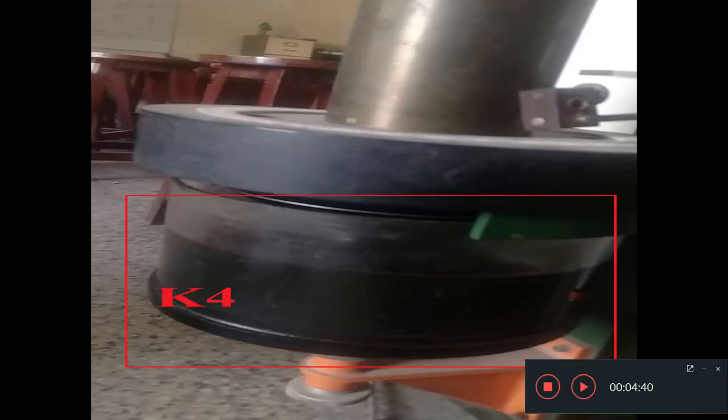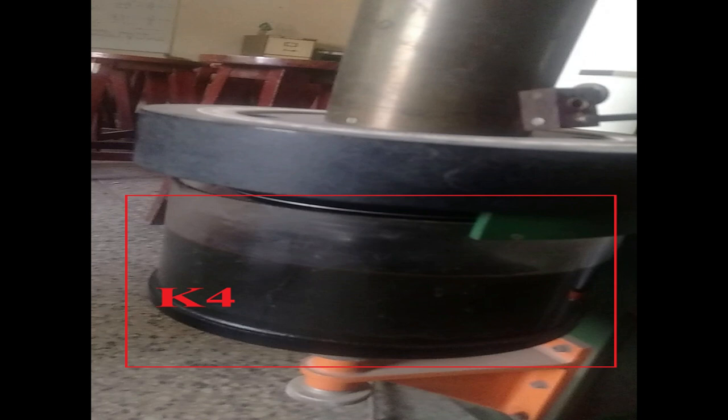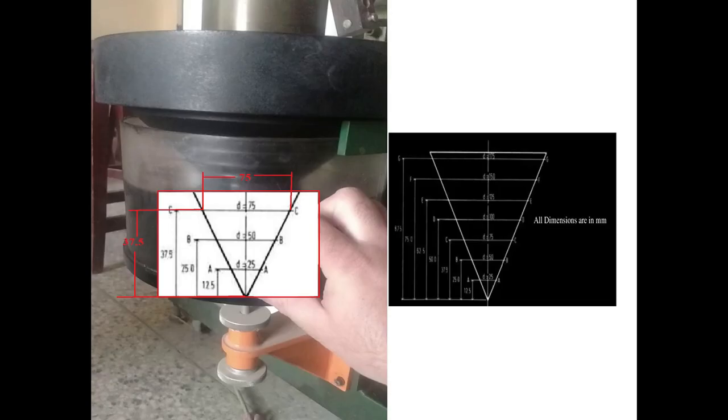The cylindrical container K4 should be filled with oil to within about 10 mm of the top, and the thumb wheels beneath adjusted so that the oil surface is brought level with one of the graduations on the conical flywheel. Details of the graduations are given in this figure. So we have selected D as 75 millimeters and the height as 37.5 millimeters.